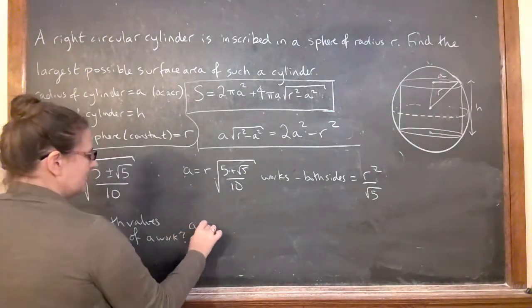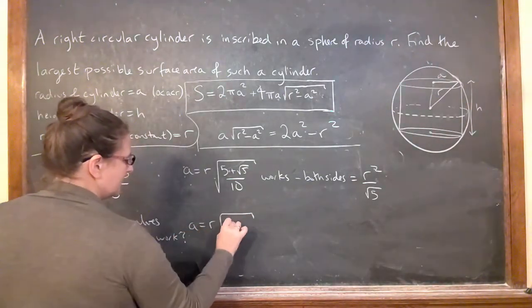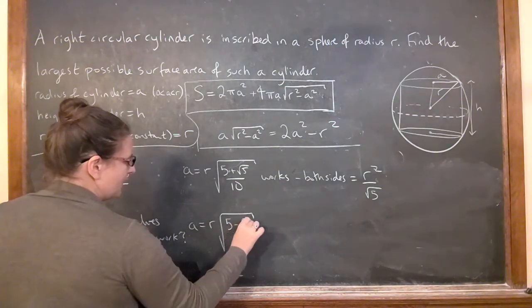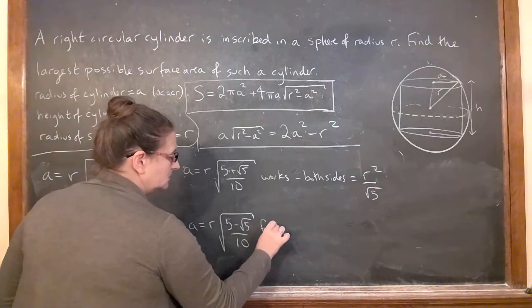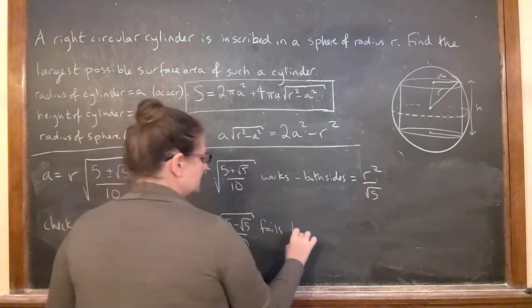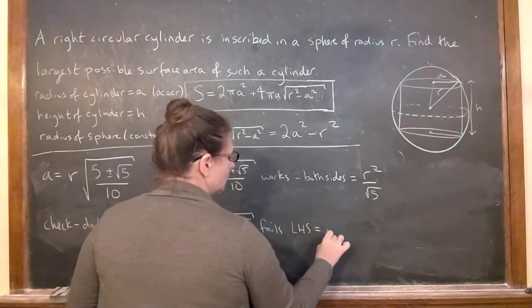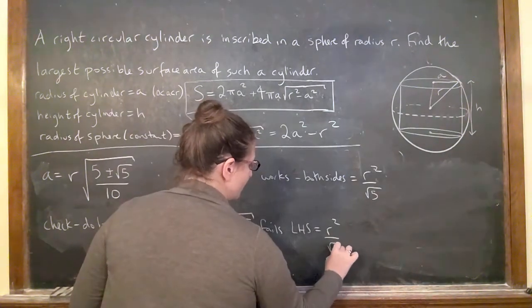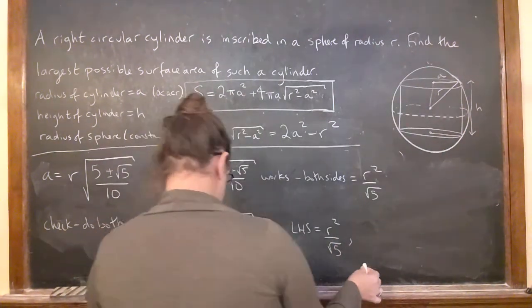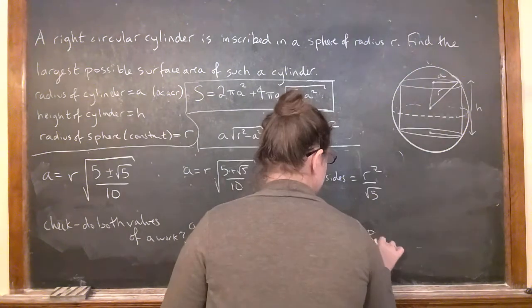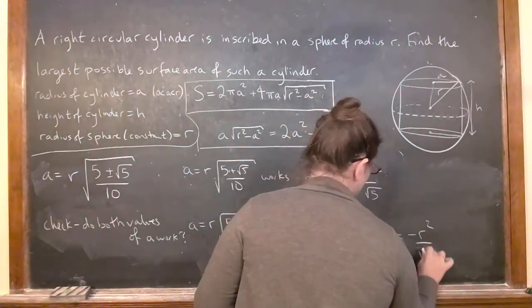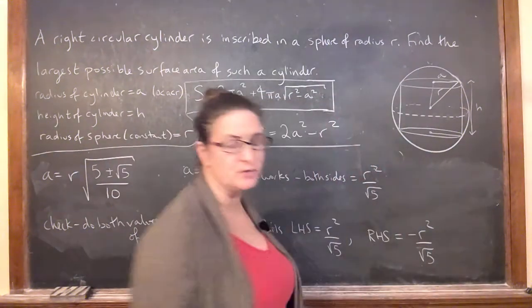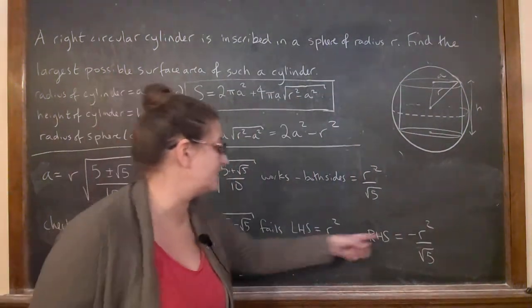But if I look at the other one, that's the 5 minus root 5 over 10, it fails. My left-hand side is equal to R squared over root 5, but my right-hand side ends up being minus R squared over root 5. So, of course, when you square both sides, these two are the same.